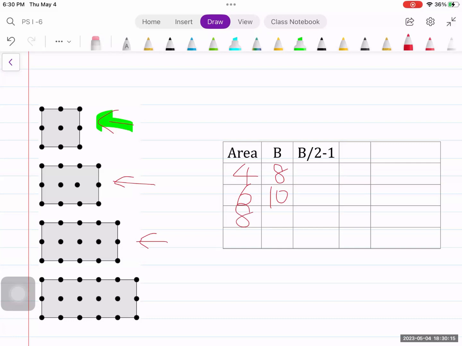And points on the boundary is 12. And this one, last one. Area is 10. And on the boundary is 14. Okay, so now let's use the formula to see if it works, right? This gives us 3. And this gives us 4. And this gives us 5. Now it doesn't work.